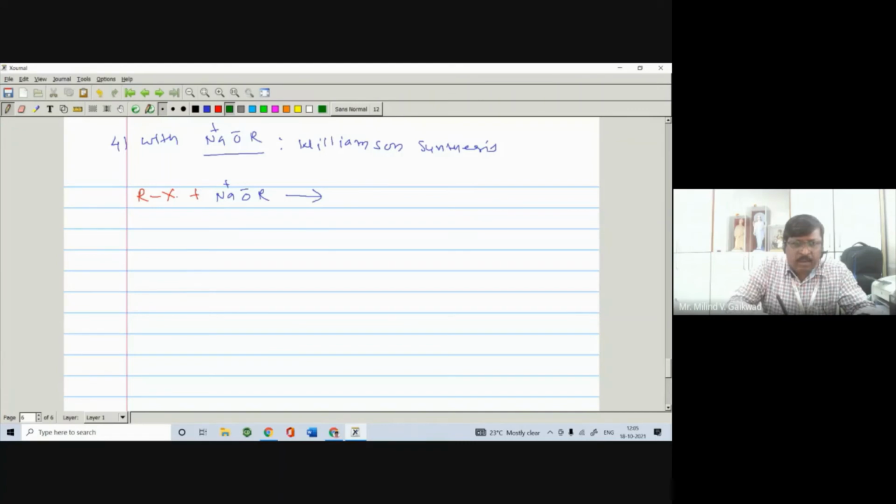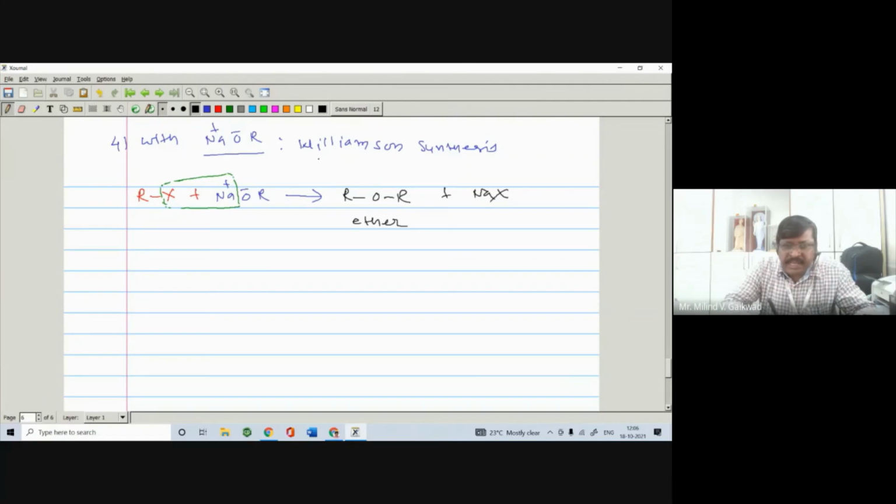Then what happens? X from this, Na from this, there is a removal of NaX, and there is a formation of an ether, ROR, plus NaX, sodium halide.